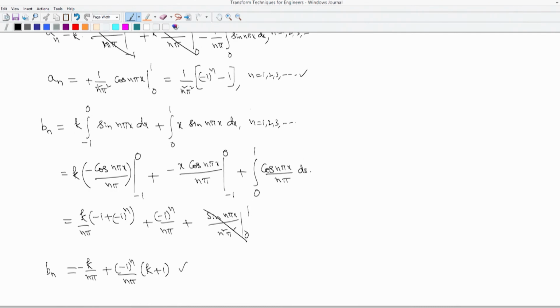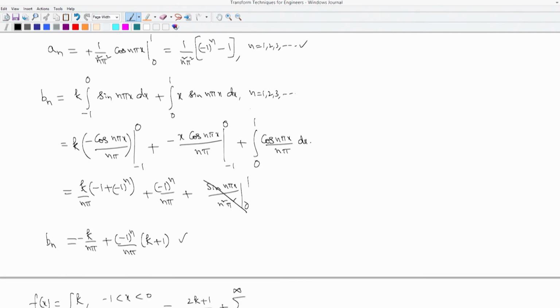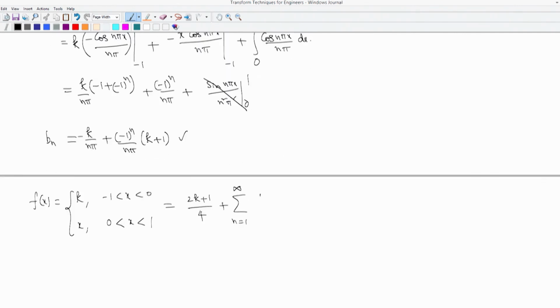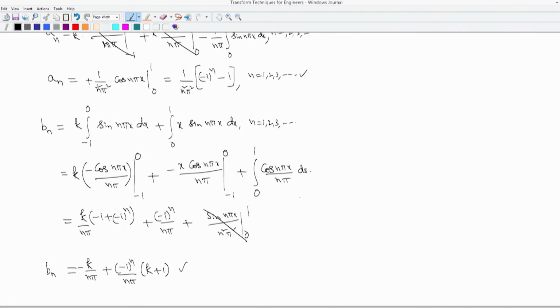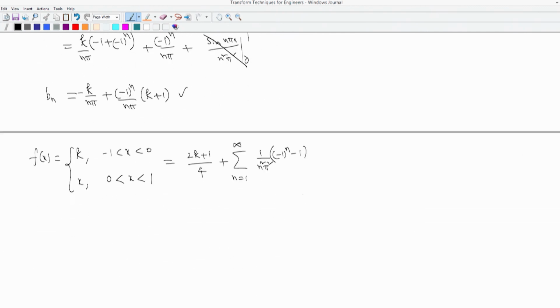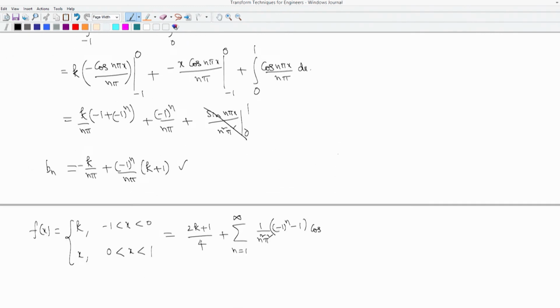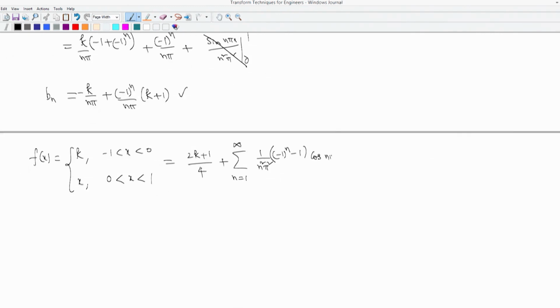Now, I use this a n, 1 by n square pi square into minus 1 power n minus 1, that is what is my a n, into cos n pi x, fundamental signals, cos n pi x, plus now Bn is this.